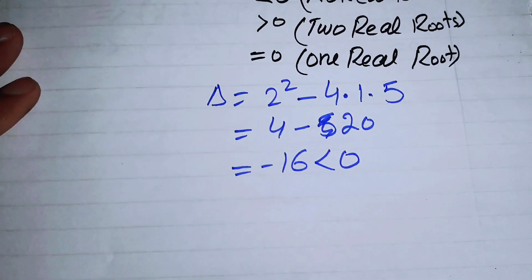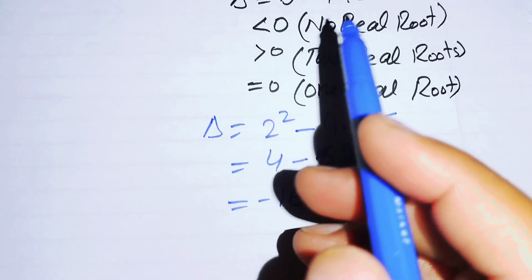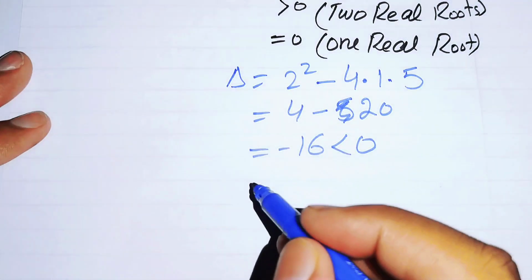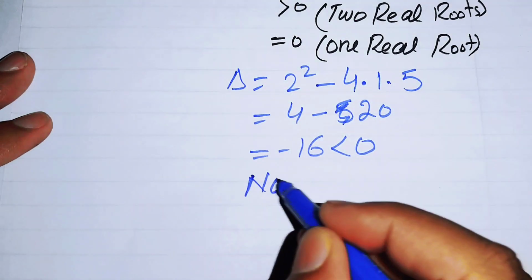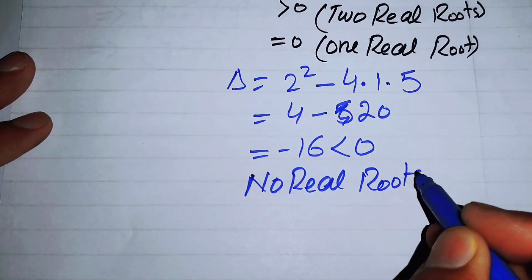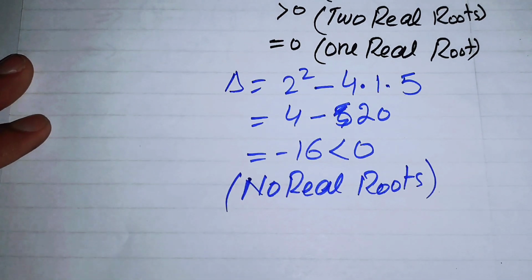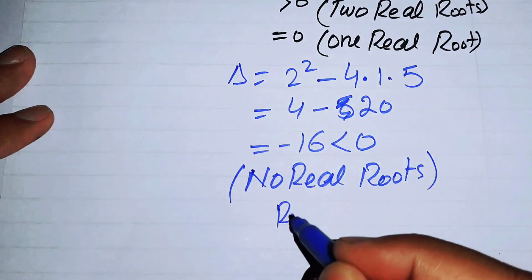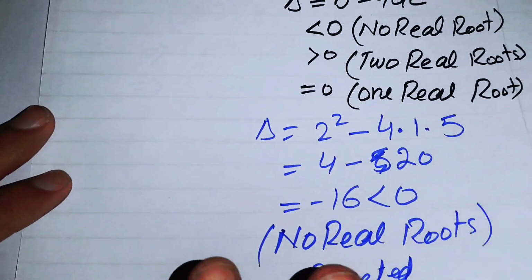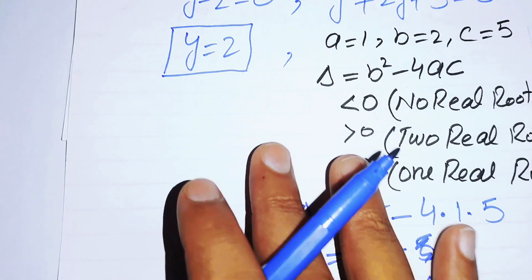So the quadratic has no real roots, meaning it has complex roots, so we reject this case and proceed with only the case y is equal to 2.